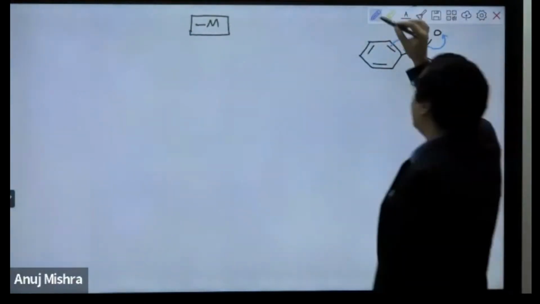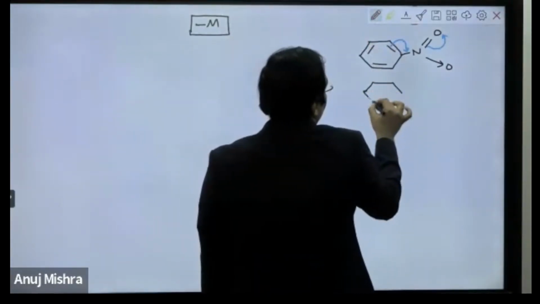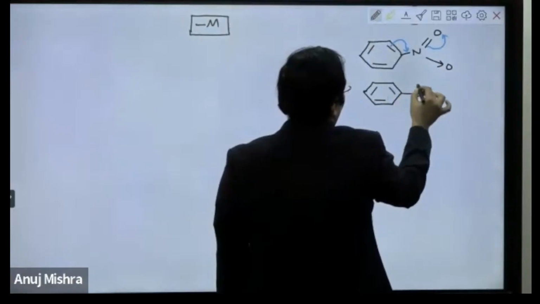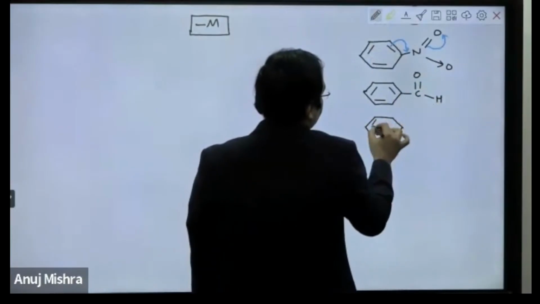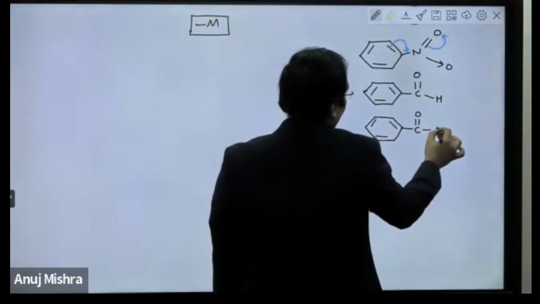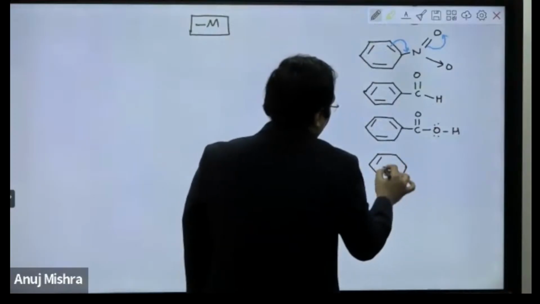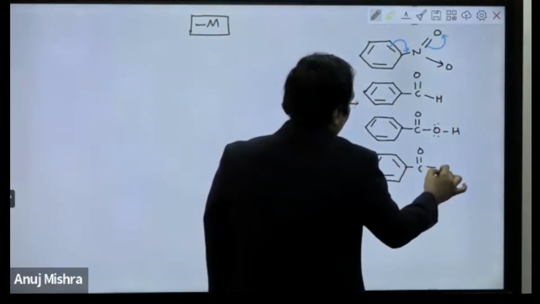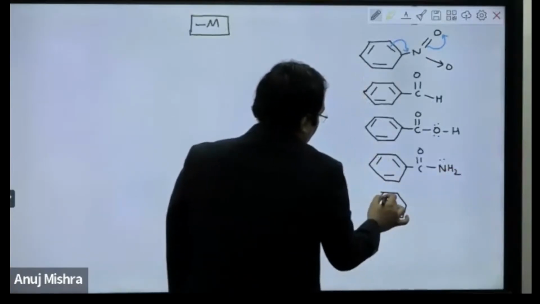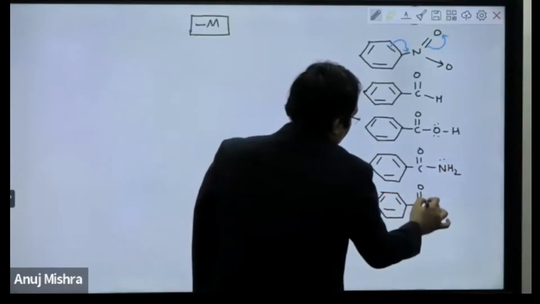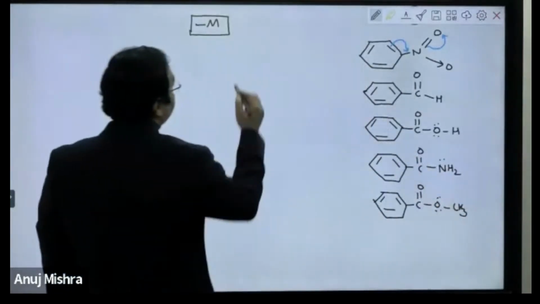Okay, so start observing. I'm drawing certain structures. Please observe and try to answer accordingly. Find out what is common in all the examples. Keep drawing.